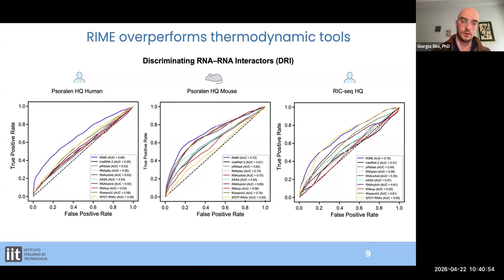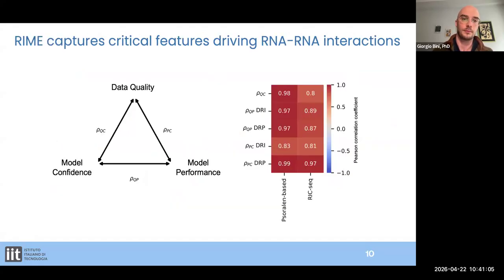So although overall performances are generally lower, RHYME is still the best performing tool. And beyond performance metrics, our analysis made us ask what are the factors that drive RHYME predictions.